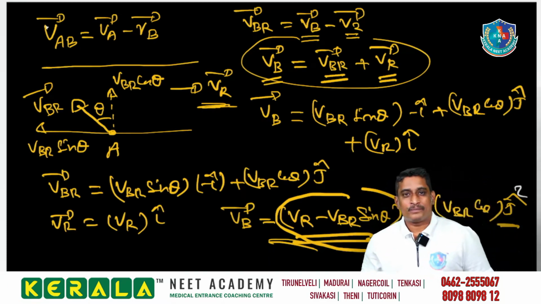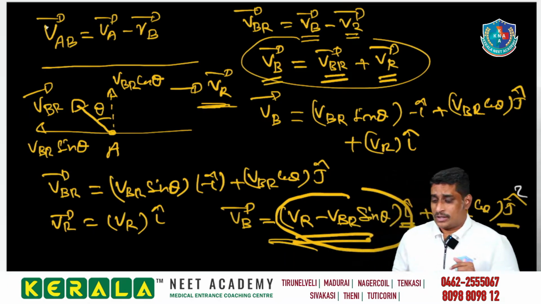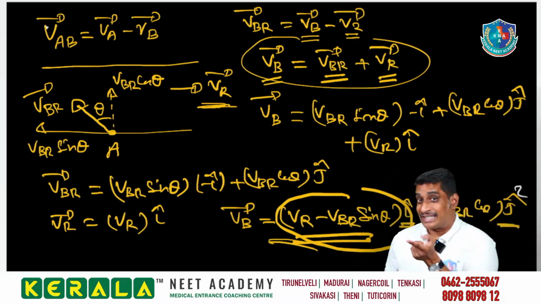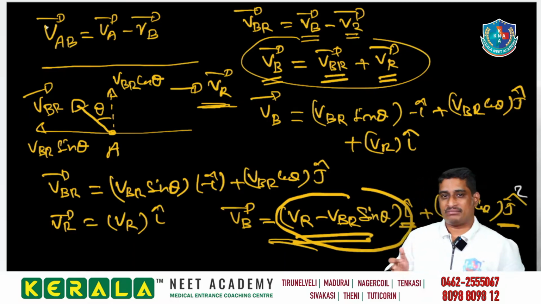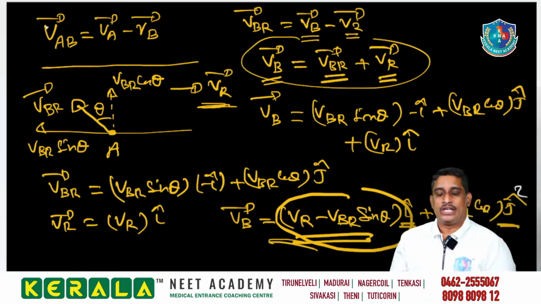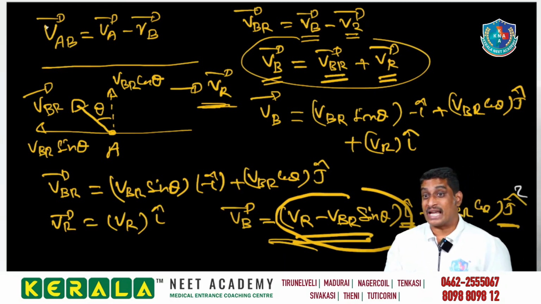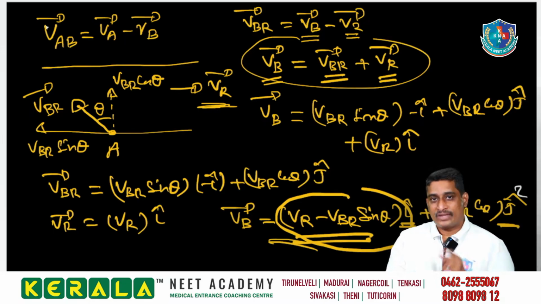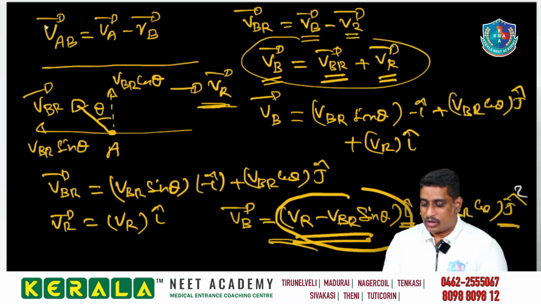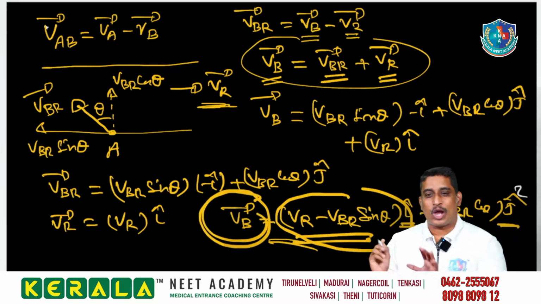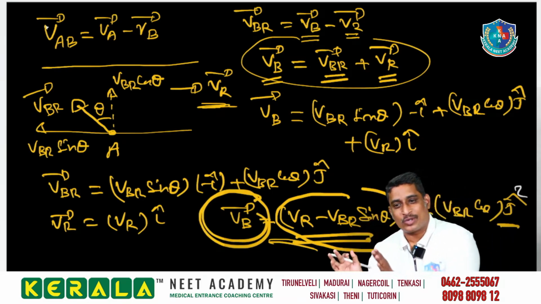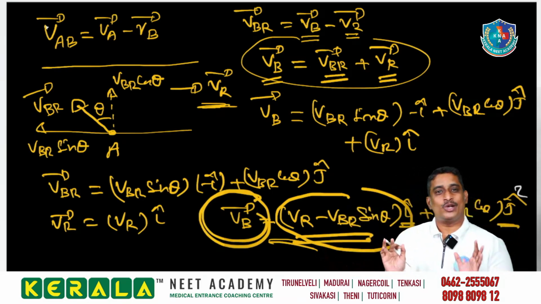It's very clear. Suppose VR is dominating VBR sin theta, just look at that equation and you will understand. If VR dominates VBR sin theta, then the velocity of the boat with respect to the ground will have two components now, one along the positive x-axis, the other along the positive y-axis.